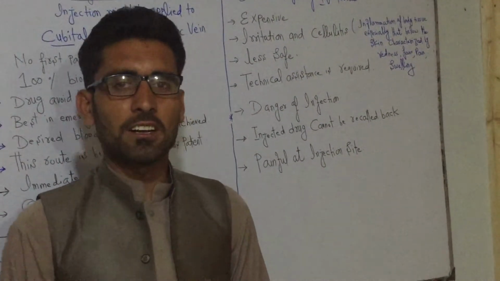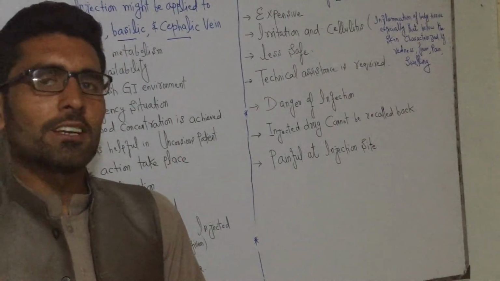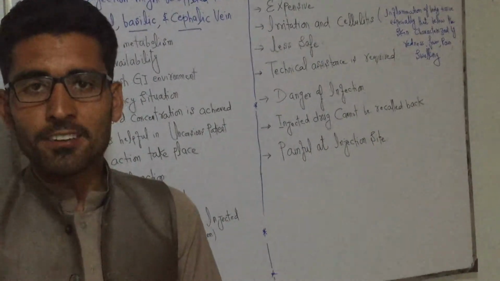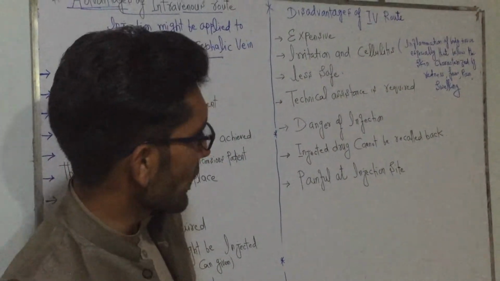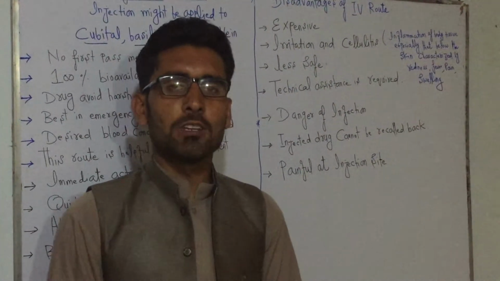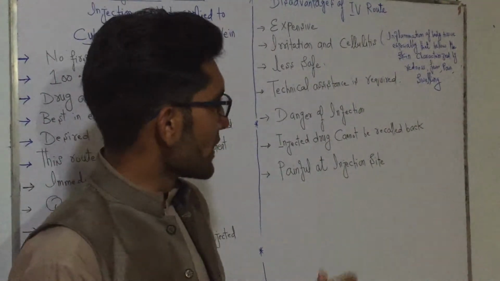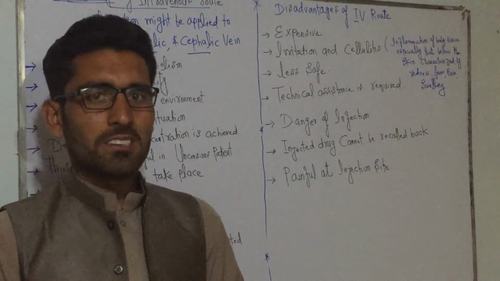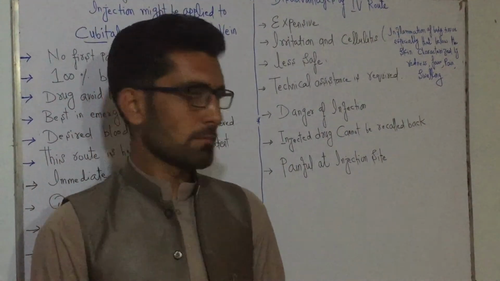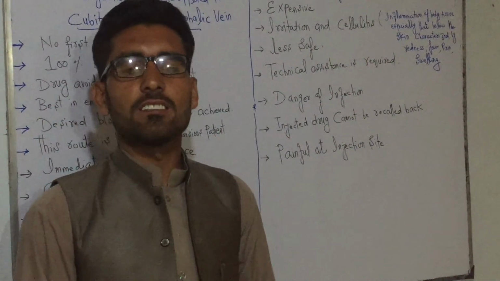If we inject a drug at any site of the body, there is a possibility that the injection site becomes irritated and there is cellulitis. What do we mean by cellulitis? Cellulitis is inflammation of body tissues, especially those below the skin, characterized by pain and swelling. Next is that technical assistance is required.